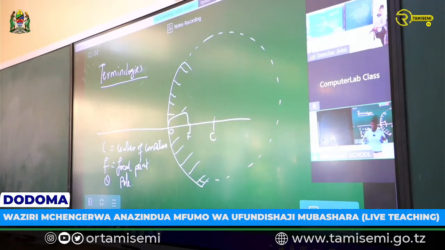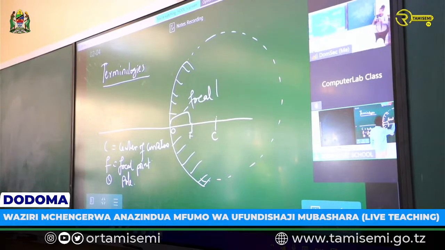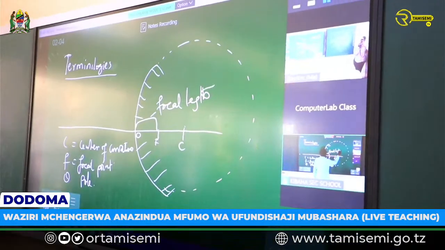We call it a focal length. This one is what's called a focal length.